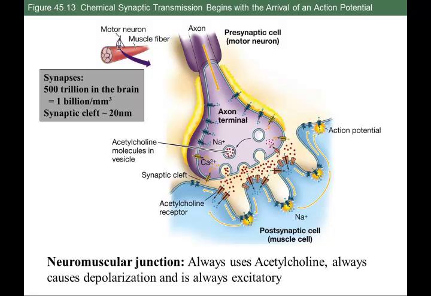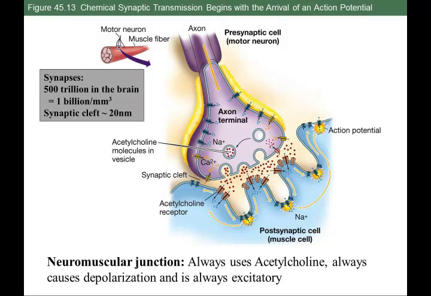So the neuromuscular junction, in this case, is always using acetylcholine, and it's always causing depolarization because it's opening up a sodium channel. Always remember that sodium is going to equal depolarization. Look at this handwriting, it's fantastic.